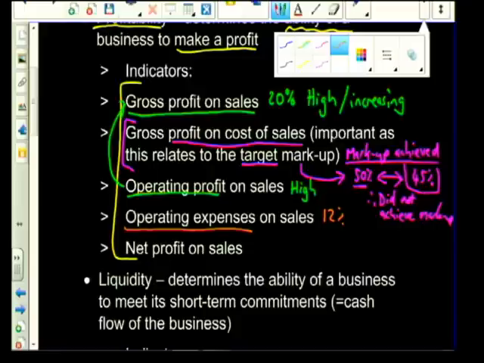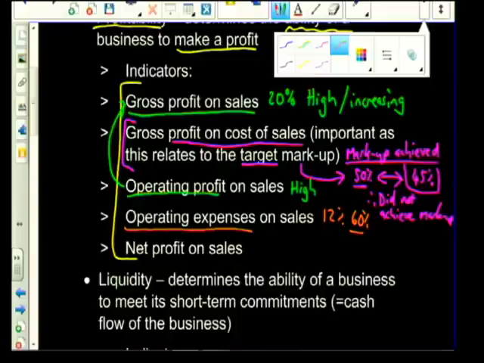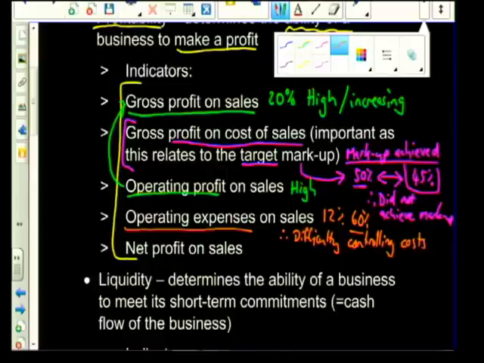But if we've got operating expenses on sales of say 60%, then that's very, very high. It means for every R1 we sell, 60 cents has to be spent on operating expenses. And what we would conclude is that we have got difficulty controlling our costs. We are not able to keep our costs down if our expenses are really high. So this is the only profitability ratio that we want to be as low as possible.